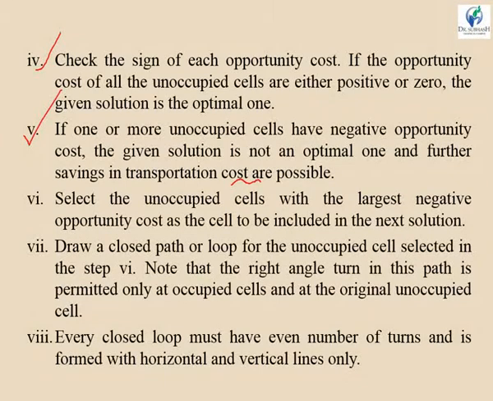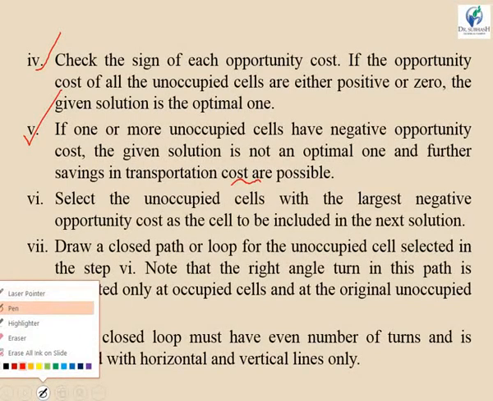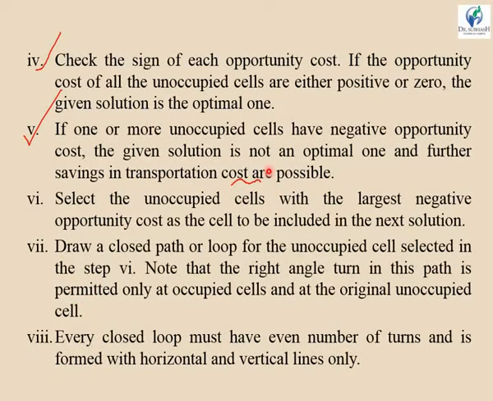Now if the opportunity cost that you have calculated for an unoccupied cell has a negative value, then we have not reached the optimal solution, because we are having a negative value for the opportunity cost. Then what can be done?